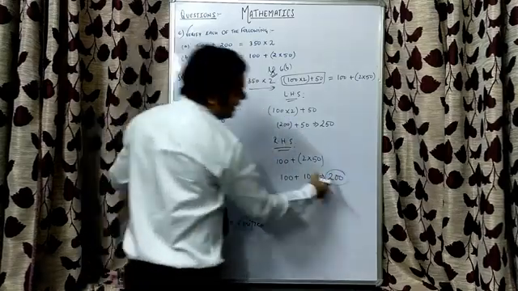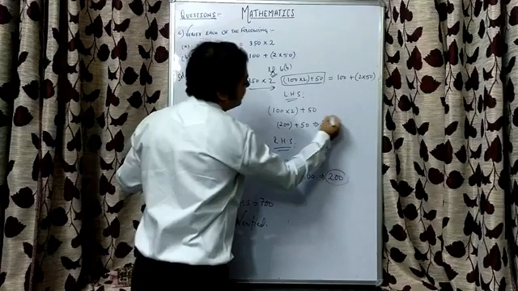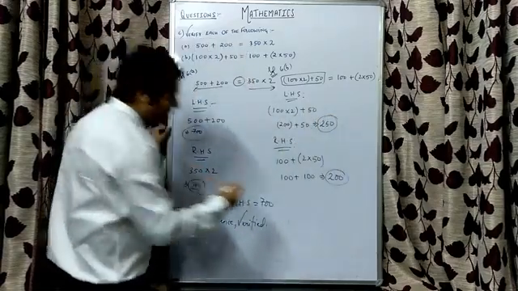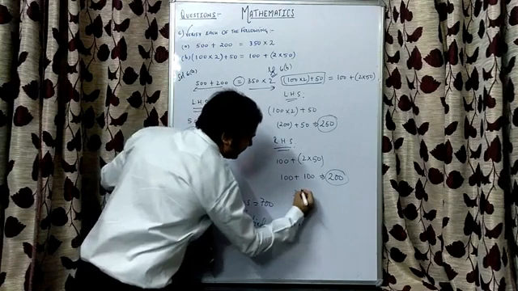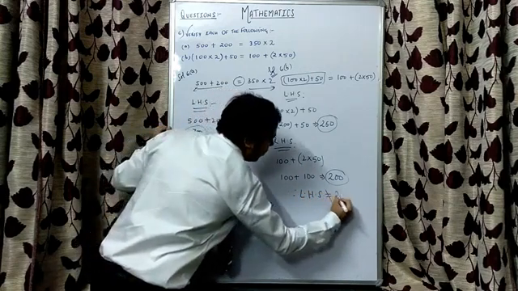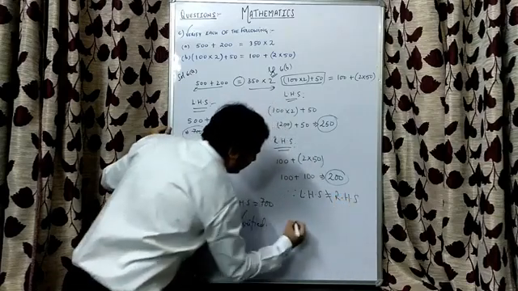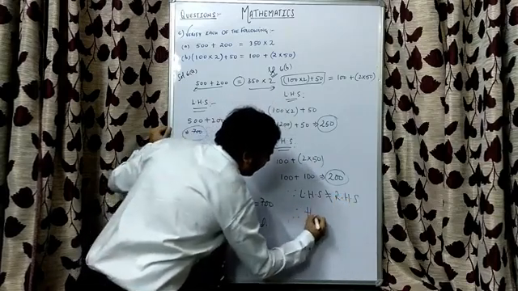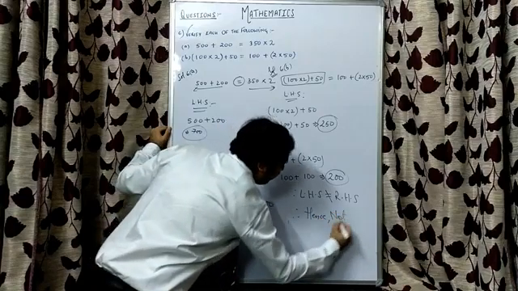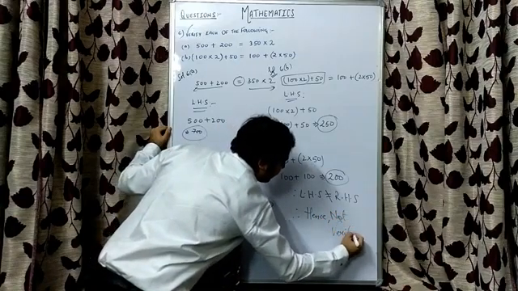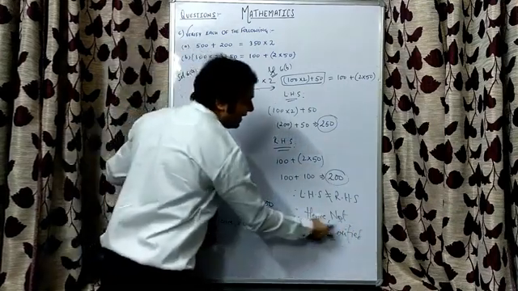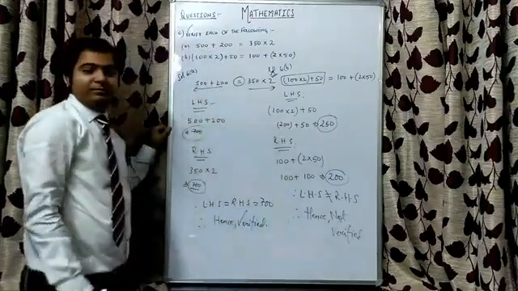So the right hand side answer is 200, the left hand side answer is 250. That means both are different. So what I will write is, since LHS is not equal to RHS, therefore hence not verified. Because the statement was not true, therefore I will write hence not verified.